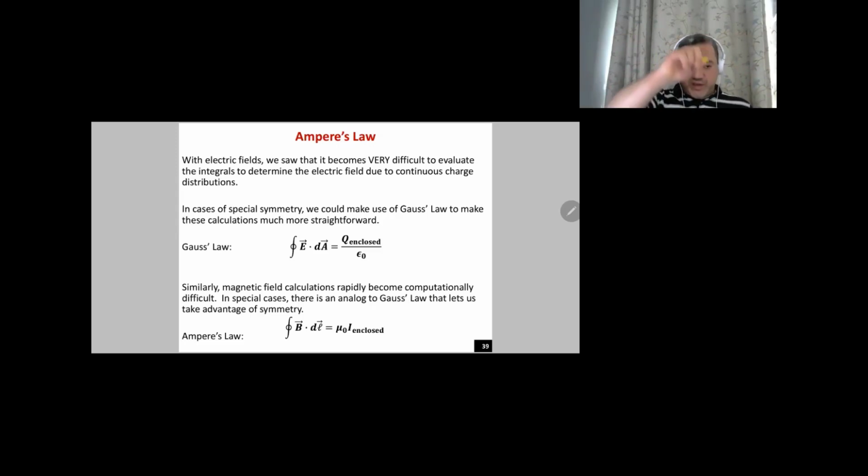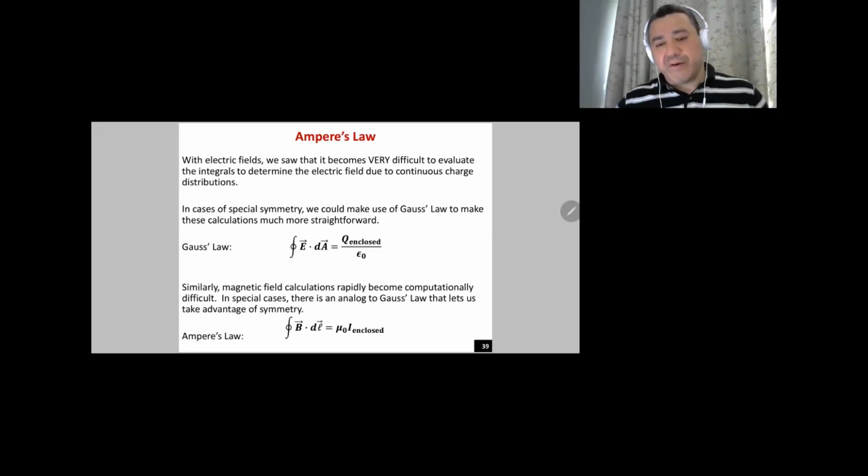We make use of this Gaussian surface to have a uniform electric field at every point on that surface, and then calculate the electric field using Gauss's law. Ampere's law is similar in analogy.